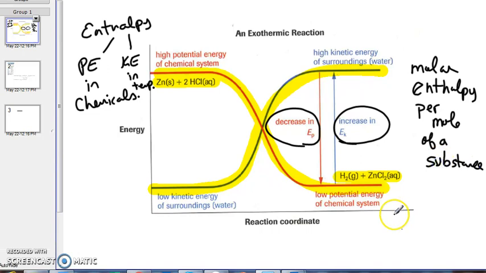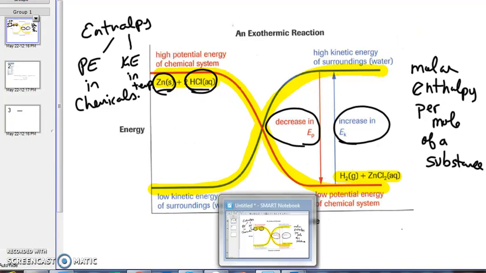For example, if I said, well, this is a reaction, how much energy would be released per mole of zinc or per mole of hydrochloric acid?